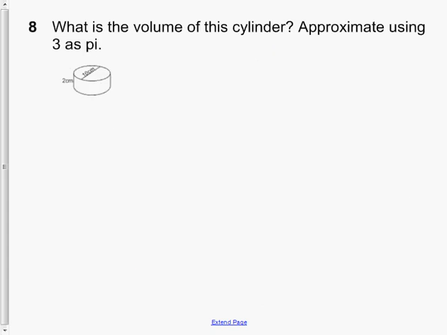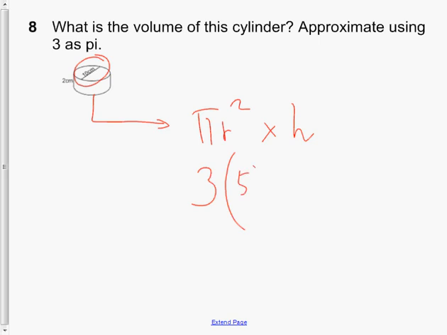Question 8, what is the volume of this cylinder? Well, I still need to use area of the base. Since the base of a cylinder is a circle, I will use the area of the base being pi r squared, multiplied by the height. It says use 3 as pi, make it easier on us. Now the radius of this circle, if the diameter is 10, the radius will be half of that. And I have to do exponents first, so 5 squared is the first thing I'm going to do, which is 25.